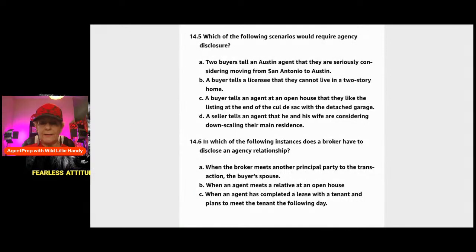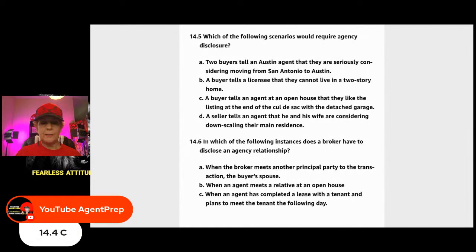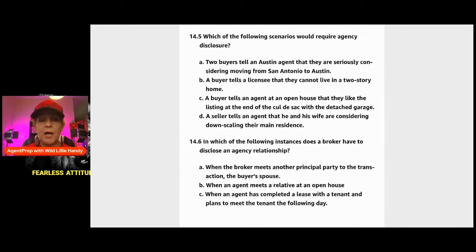Number 5. I type the answer, yes. Which of the following scenarios would require agency disclosure? A, two buyers tell an Austin agent that they are seriously considering moving from San Antonio to Austin. B, a buyer tells a licensee that they cannot live in a 2-story home. C, a buyer tells an agent at an open house that they like the listing at the end of the cul-de-sac with the detached garage.